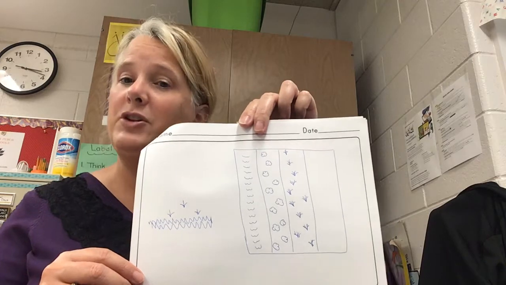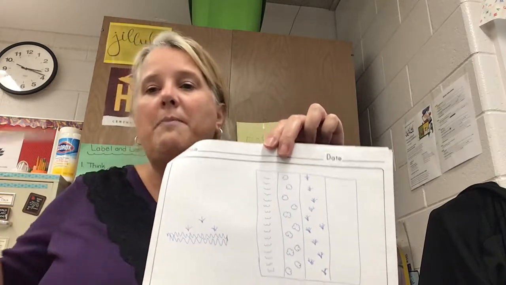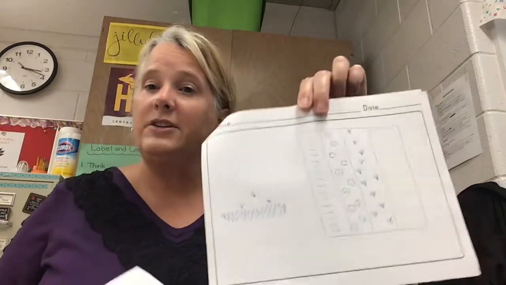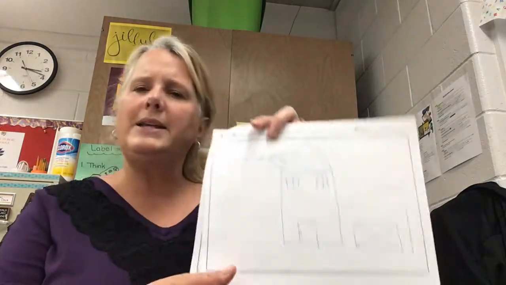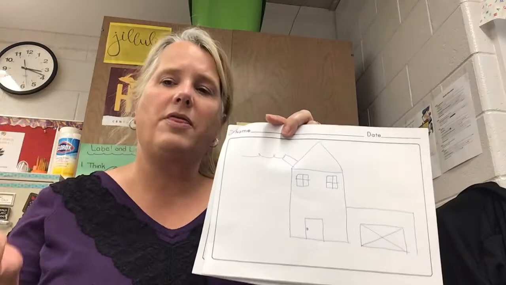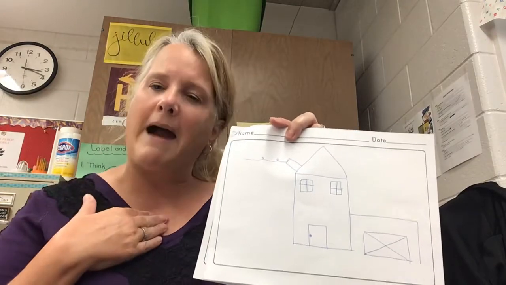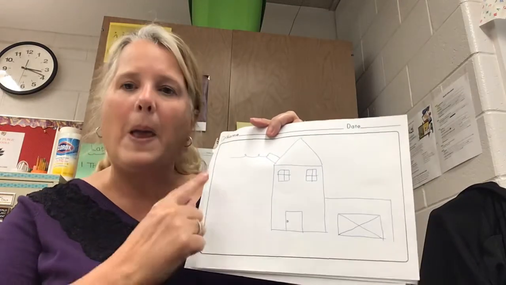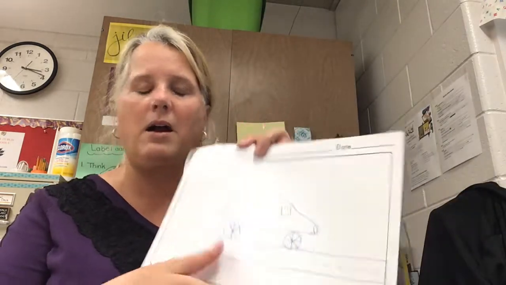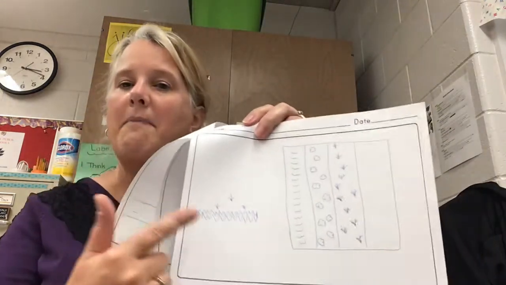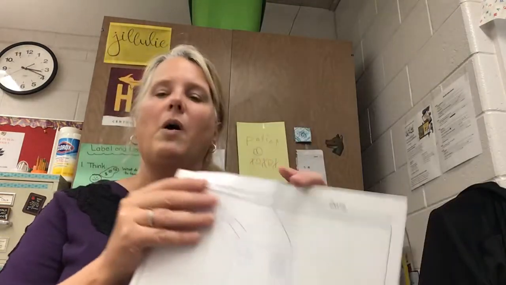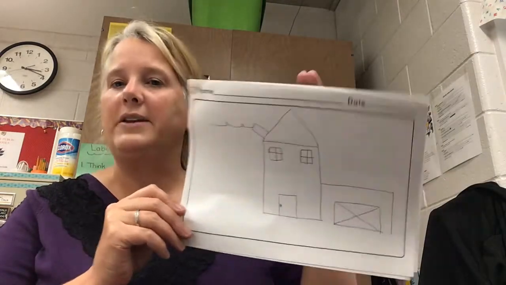So I'm going to show you how I would use my word wall and stretching my words out to label my pictures. I need to think, do I want to write the house? Well, it's my house. So I'm going to write the words my house, my car, my garden.